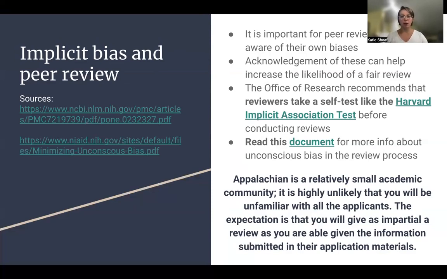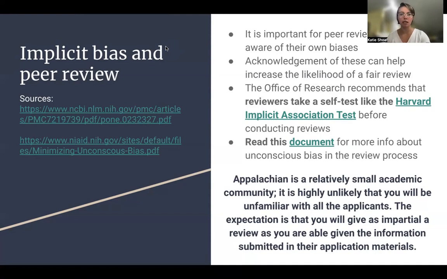In the peer review process, there's going to be some inherent bias because it is being done by people, and humans have their own experiences that they draw from, and none of us are immune to our biases. So what is important then is to acknowledge those biases to the extent possible, and to keep them at the forefront of your mind when you are reviewing and really thinking critically about the comments and decisions that you are making, and your own position and maybe preferences one way or the other in terms of certain components.